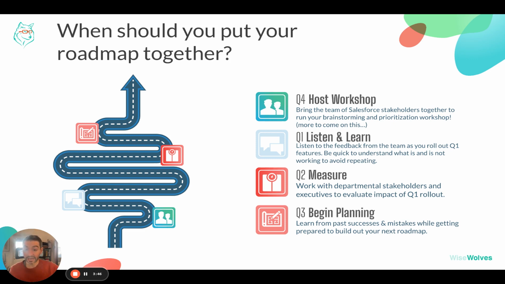Make sure you baseline: here's what my client conversion rates are today, here's what we want them to be in the future. Present those reports and those KPIs to your management who might not be in the system every single day. Q3, begin planning for next year. What are the things that you need to do in order to repeat what is hopefully a successful engagement when you go into next year? Do we need different stakeholders? Do you need different personnel? Do you need different skill sets?